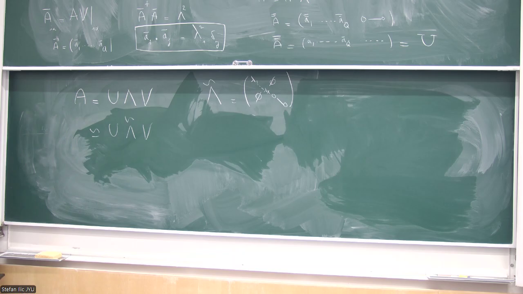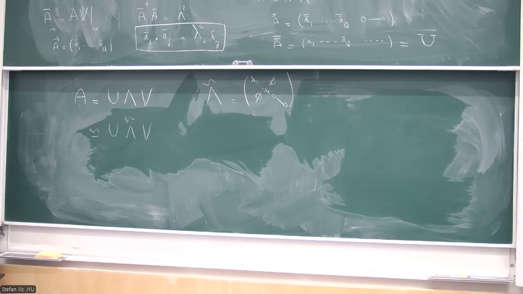Yes? Oh, yes, this is why I said there was a 90% probability that I would mess up things. Usually people write SVD as U lambda V dagger. But it's just a renaming of things. Okay, here I think I have used U lambda V. You have to just stick to one convention.